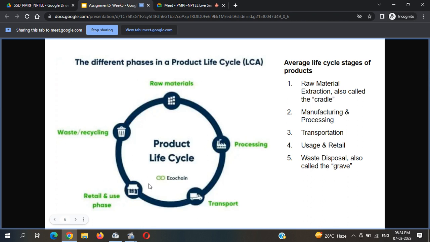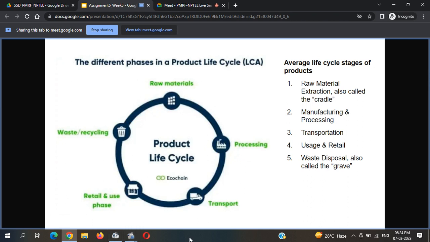Then the product is sold and used by the end user, and then it goes on to waste when the end user discards the product, or to recycling if the product is discarded and parts of it or the whole product is then taken for recycling, out of which raw materials can be extracted, which can be further used for processing.